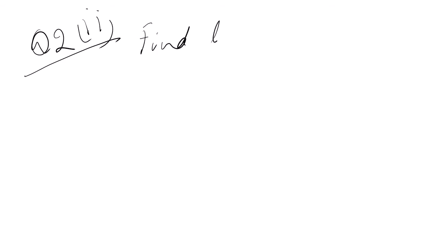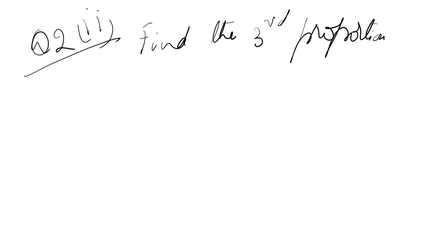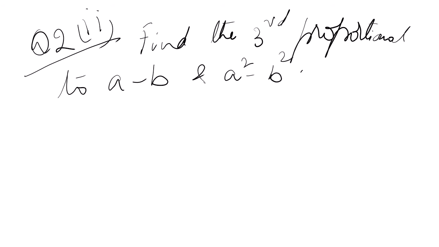Now let us do the next question. Question 2, sub question also 2. Find the third proportional to a minus b and a square minus b square.